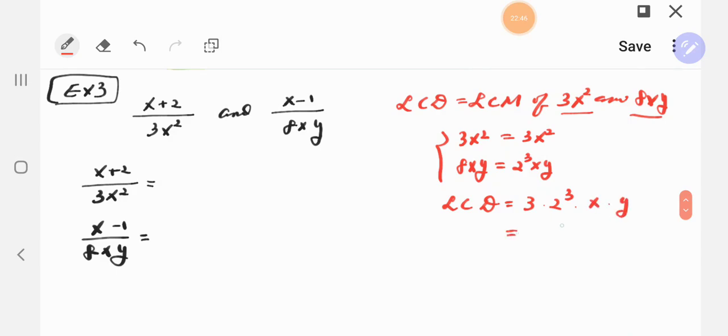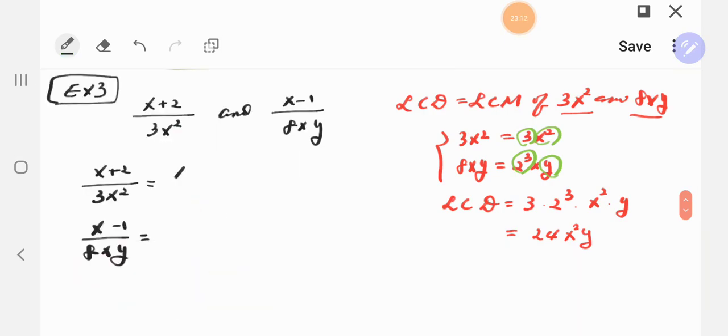So that will be 8 times 3 is 24 x squared y. We will select the largest exponent. So the largest exponent is 3: 2 cubed, x squared, and y. So that's the LCD.